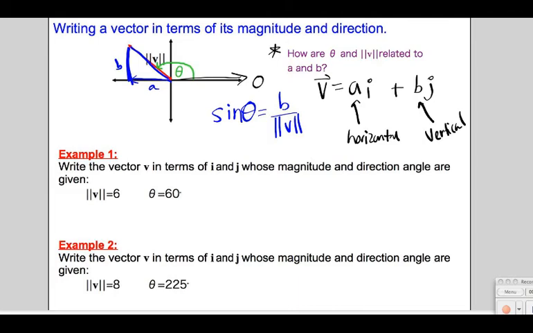Because of the definition of sine, and because we're using the x-axis as 0. So by using the x-axis as 0, we actually can use our basic definitions of sine and cosine to help us relate the magnitude and direction with the a and b components of the vector. Now we'll do the same thing for cosine. Cosine of theta is a over the magnitude of v.